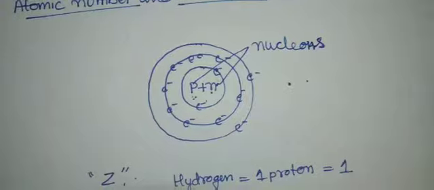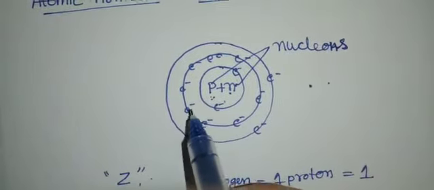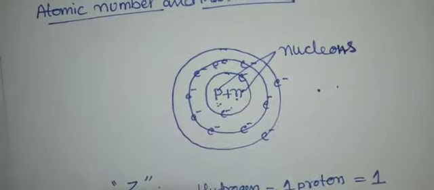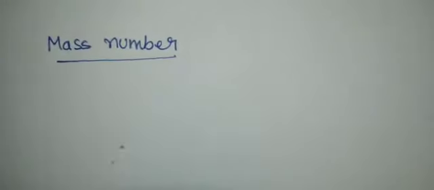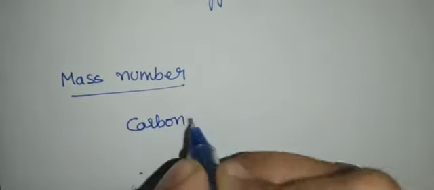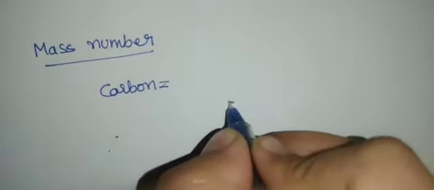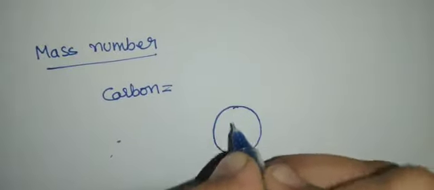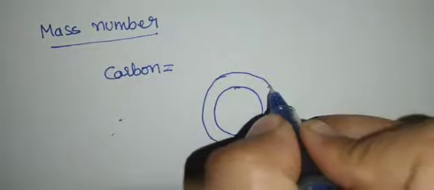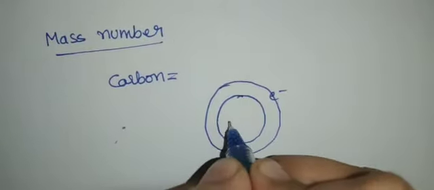So you know that the mass of an atom resides in the nucleus. We'll take the example of carbon. Consider this is the atomic nucleus. This is the electron, just consider.